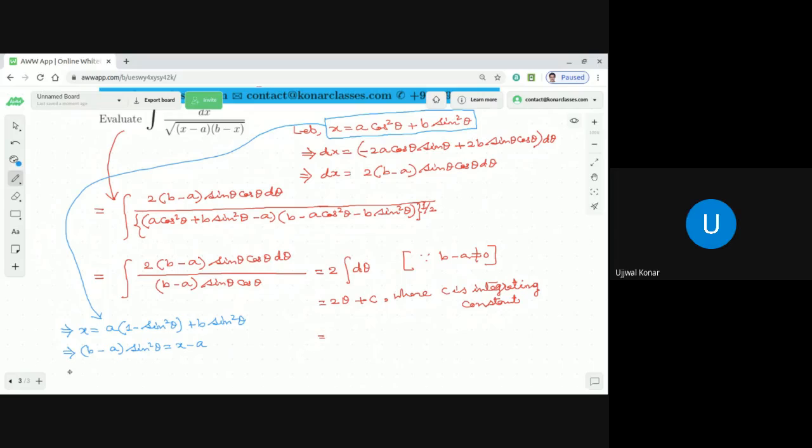So from here you can get that theta is sine inverse of square root of x minus a divided by b minus a. Correct or not? And that value of theta we should apply back here. Yes. And what we are going to get then? 2 into sine inverse square root of x minus a divided by b minus a, plus c.